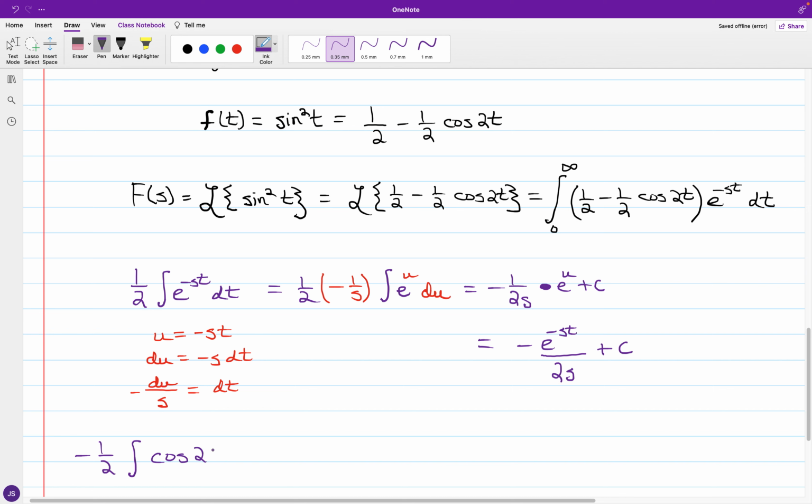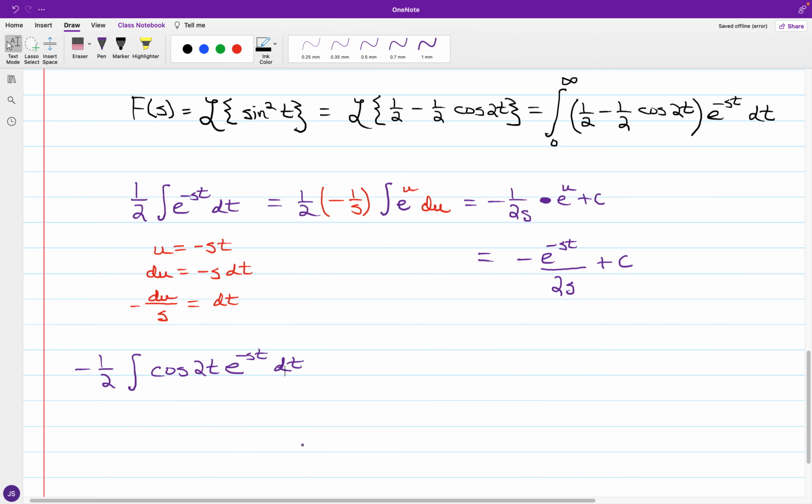Okay, we're looking at subtracting 1/2 of the integral of the cosine of 2t times e to the negative st dt. If we integrate just the cosine of 2t times e to the negative st dt, we're looking at repeating integration by parts.